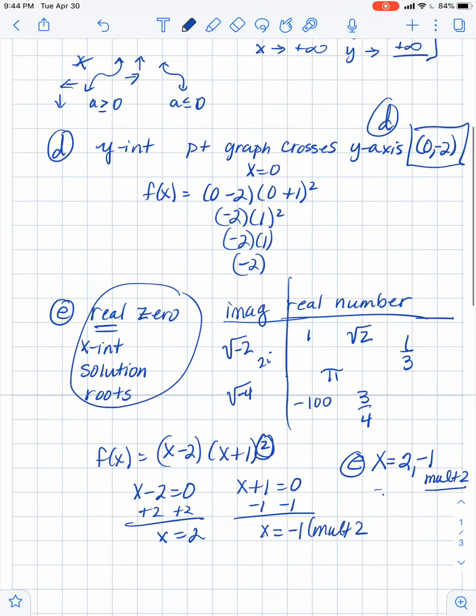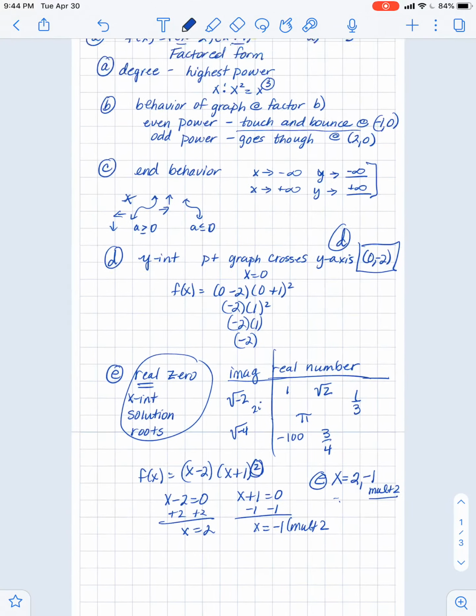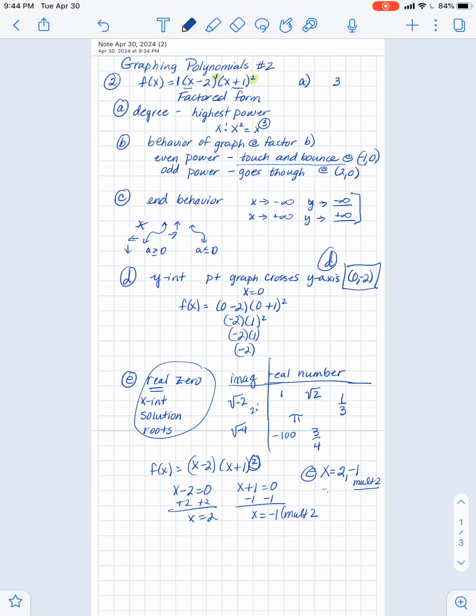Okay? So, let's look at what we've got. We have that this is a degree 3. We have that our graph will look like this. We have that it's going to hit at 0, negative 2.